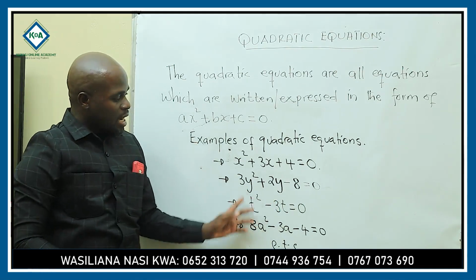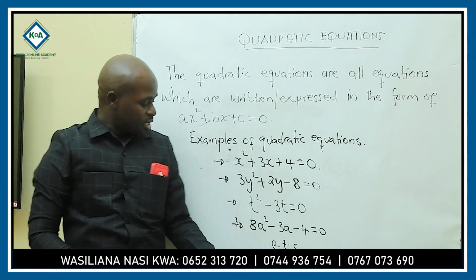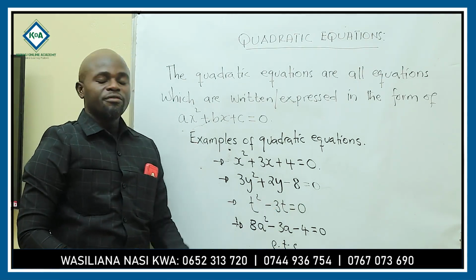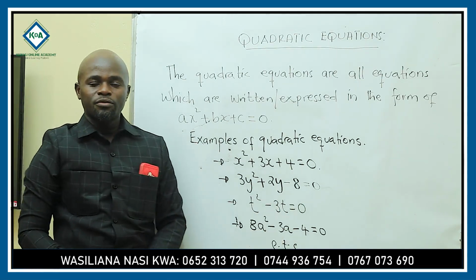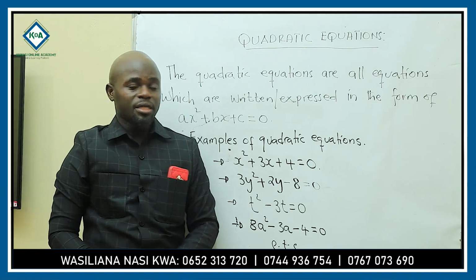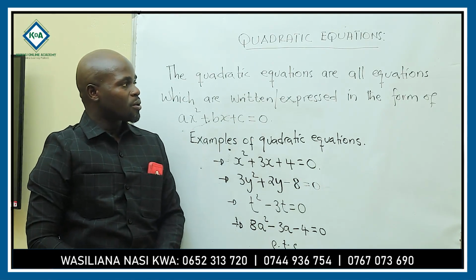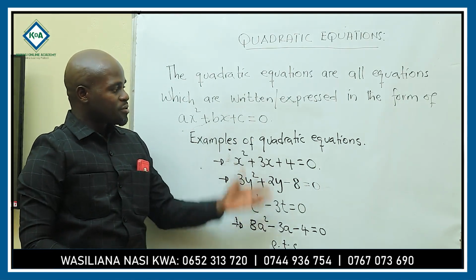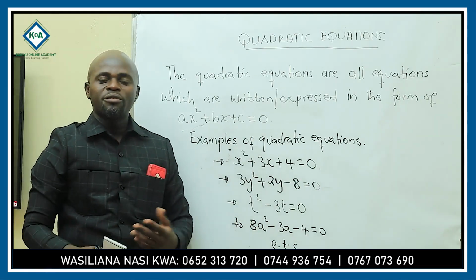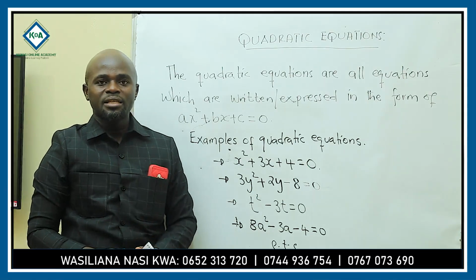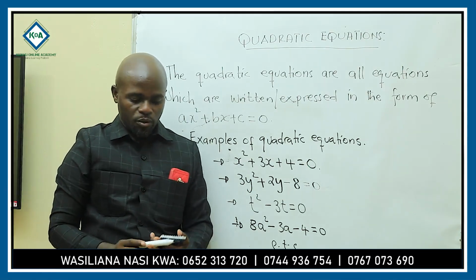Here we have t. How can we find the value of t? And here we have a. How can we get the value of a? And this is the only lesson of today. It means we are discussing the quadratic equations, what these examples are, and how we can find the value of different letters in those quadratic equations.